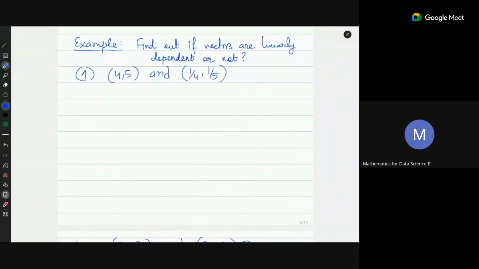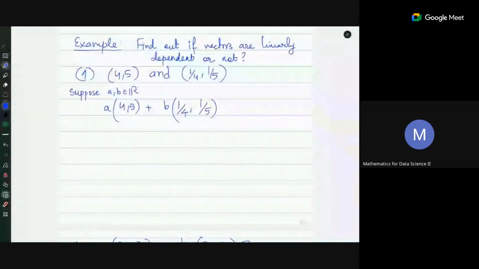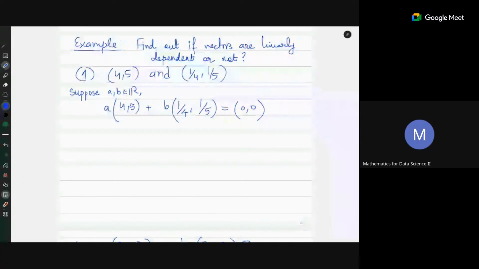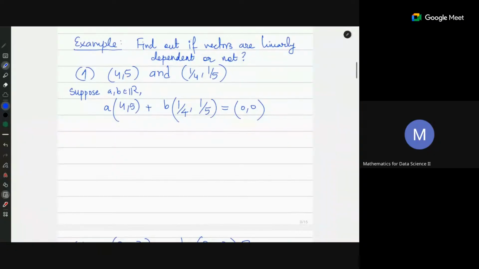What you need to do is find out the scalars A and B, so that for some A and B, this is equal to the zero vector. Now you need to find out whether there is a solution to this equation where not both of A and B are 0.